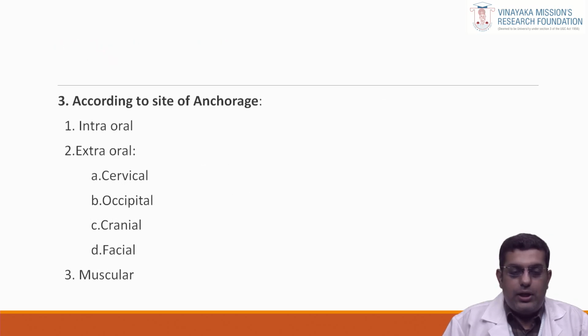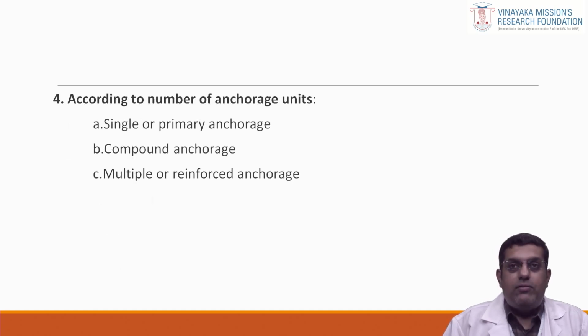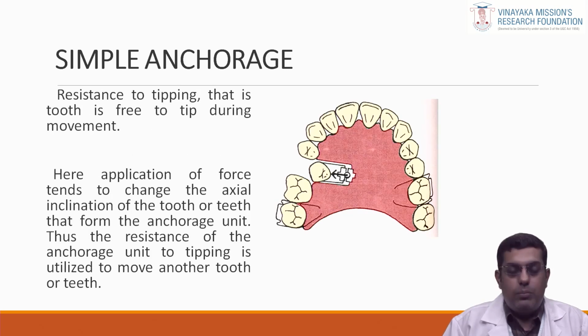According to the site of anchorage, we have three sources: an intraoral source, an extraoral source, and a muscular source. Under extraoral source, the anchorage could be taken from the cervical, occipital, cranial, and facial aspects. According to the number of anchorage units, we have single or primary anchorage, compound anchorage, and multiple or reinforced anchorage.